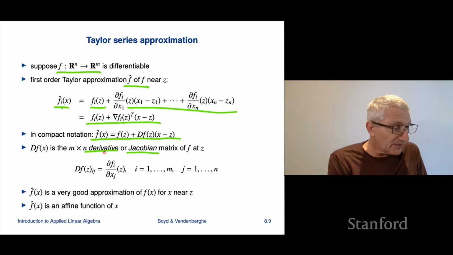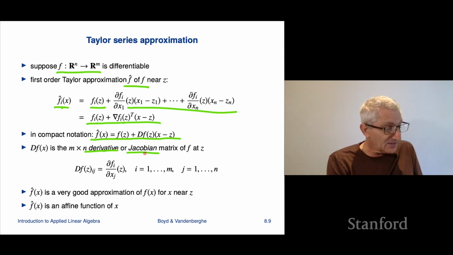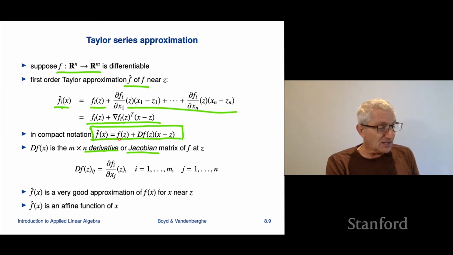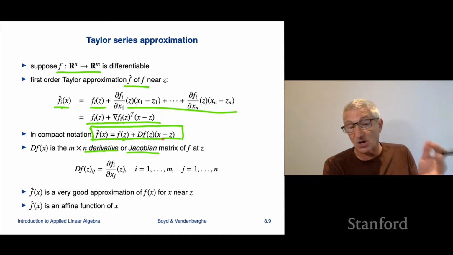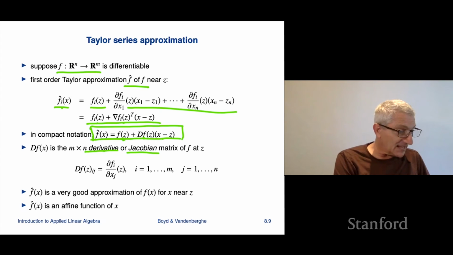But here, it's called the derivative or the Jacobian matrix, and it's a very simple thing. It says that, roughly speaking, your approximation is the value at z. Now, these are all m vectors. It's the value at z plus an m by n matrix times your deviation from z on your input, right? So that's kind of the idea.